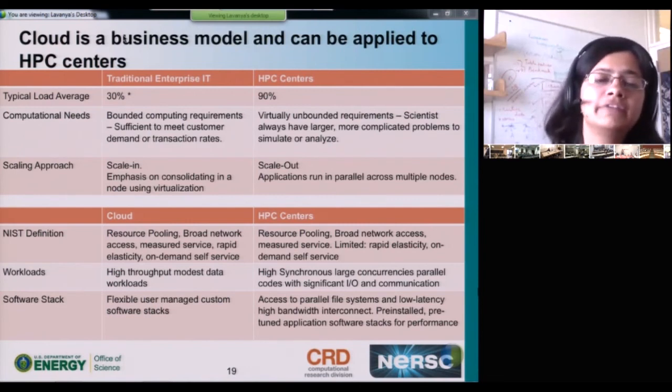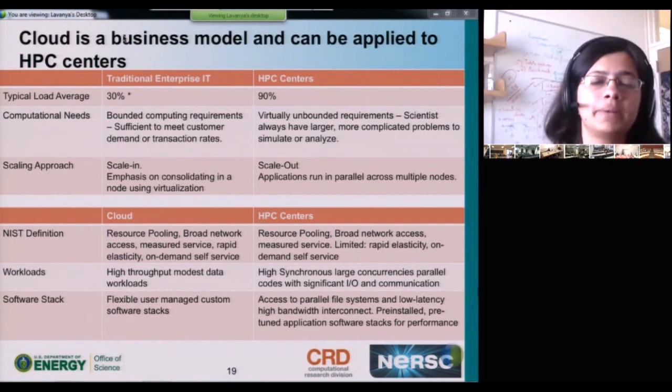There's also a difference in how the scaling happens. There's a lot of scaling-in approach in enterprise IT and cloud environments, where your emphasis is on consolidating in a node, mostly because a node for these workloads does not use all the resources. They don't typically run at 100% CPU, use most of the memory, and do a lot of I/O.